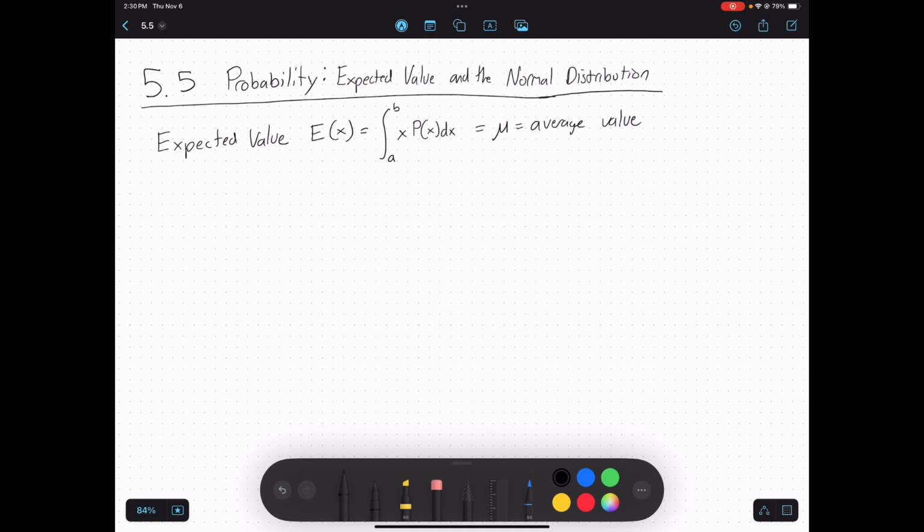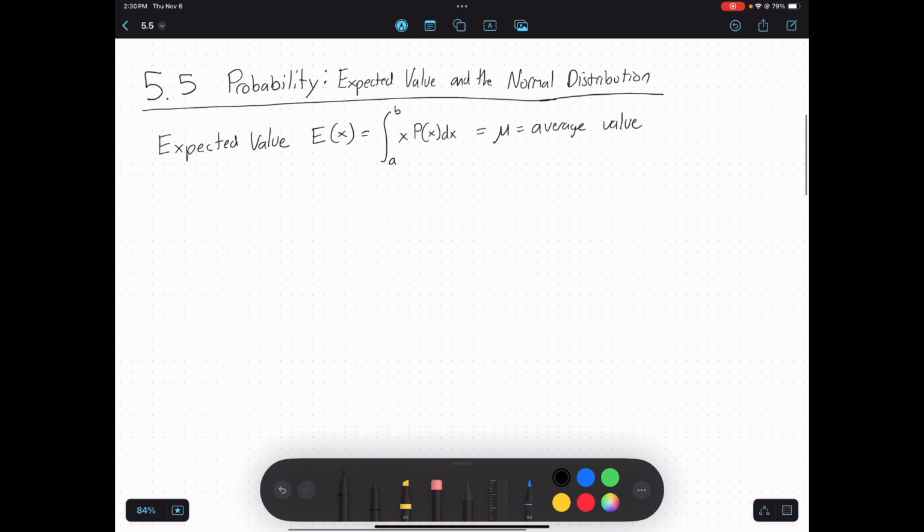Well, I can actually take this one step further. If I define E of x as this integral where I'm just adding an x in front of my p of x, then theoretically E of x squared would be the same integral, but I'm just multiplying an x squared in front. Why am I talking about this?